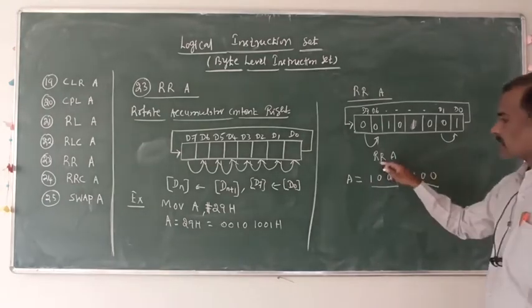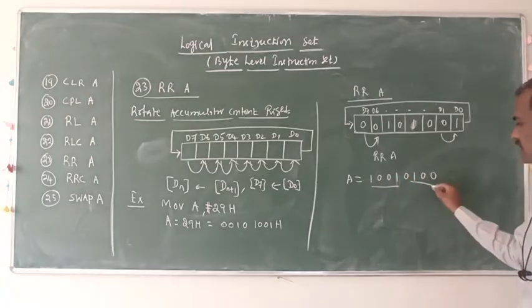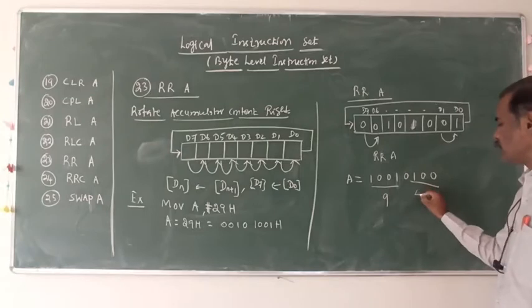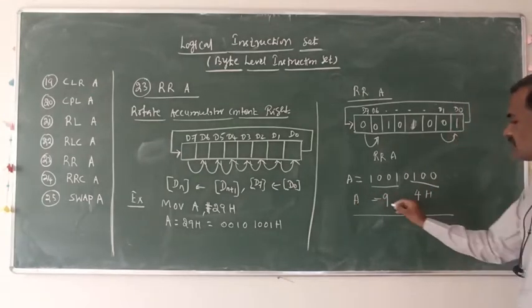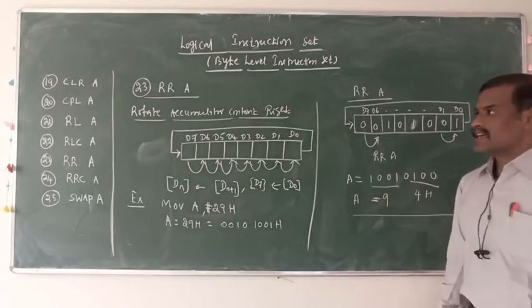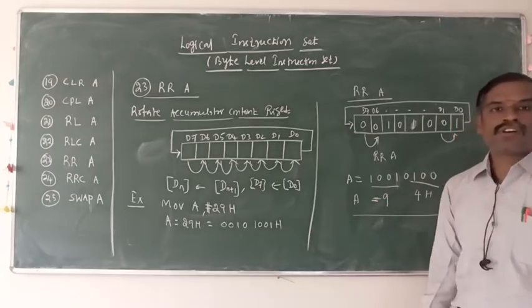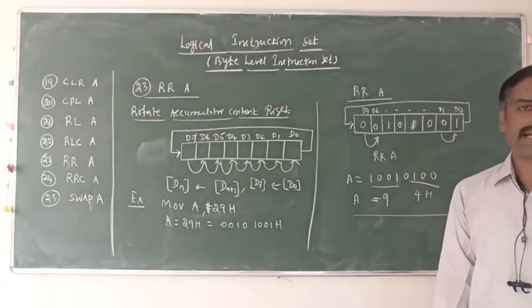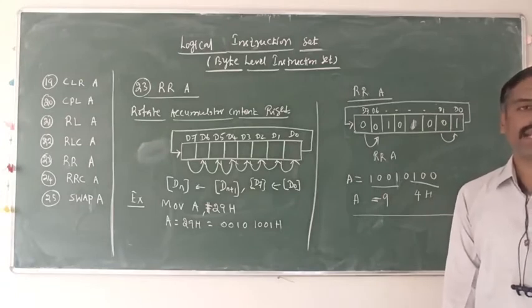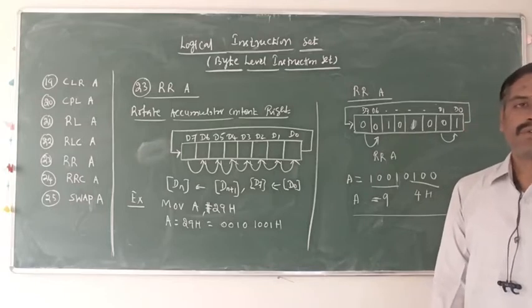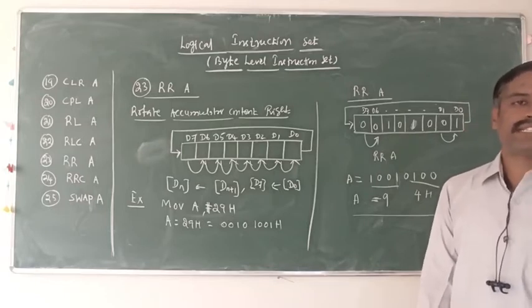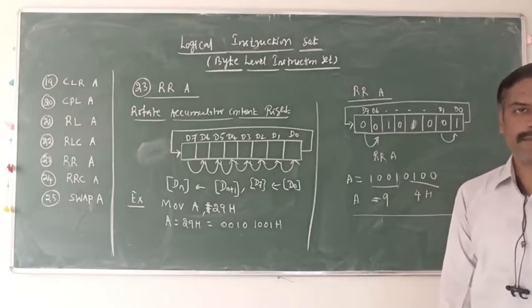After RR A, now the accumulator result is 94H. The 94 data moves to the A register. This is the operation of rotate accumulator content right without carry. It will move the single bit position towards the right side. Okay.